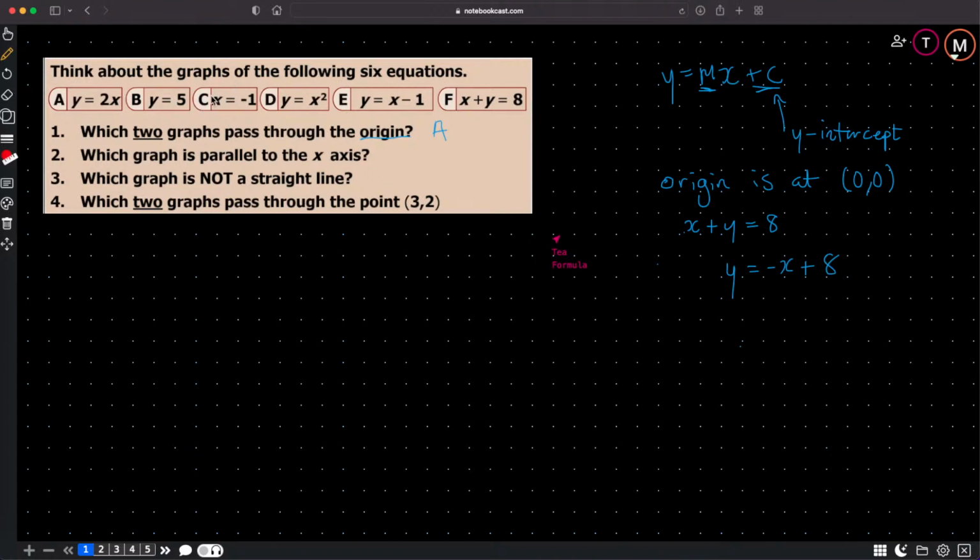C is going to be a vertical line. D is a quadratic. It also doesn't have a plus c. We'll talk about that a bit more later, but you can think of this quadratic as passing through the origin because it doesn't have anything moving it away from the origin. So D is also passing through the origin.